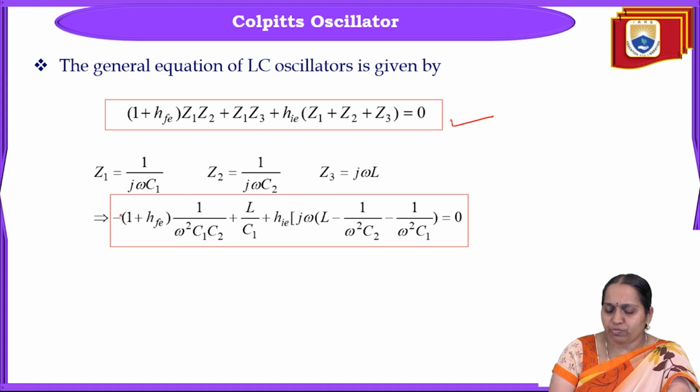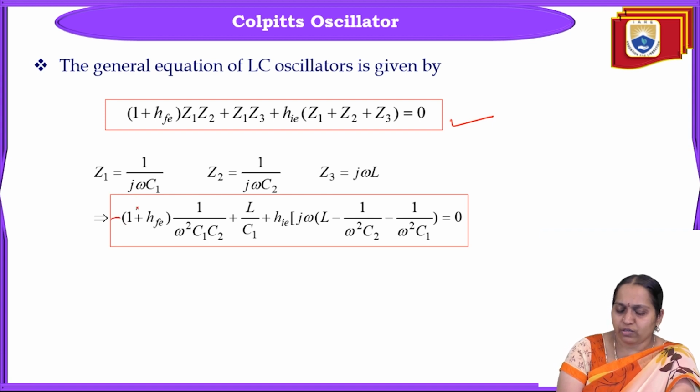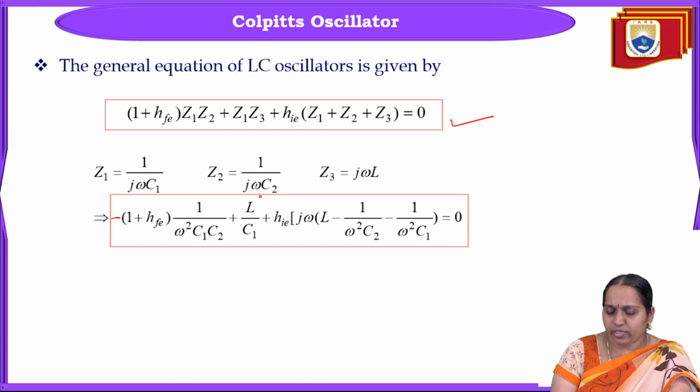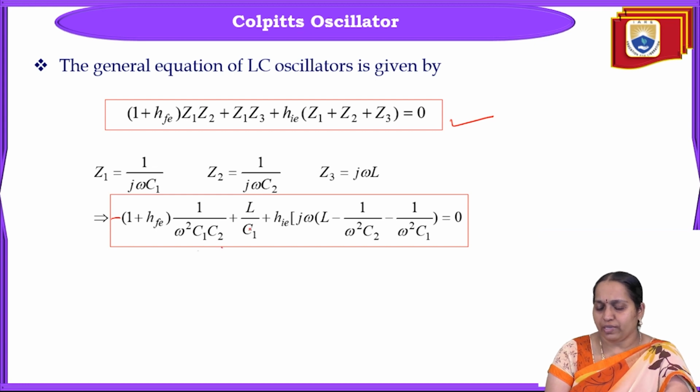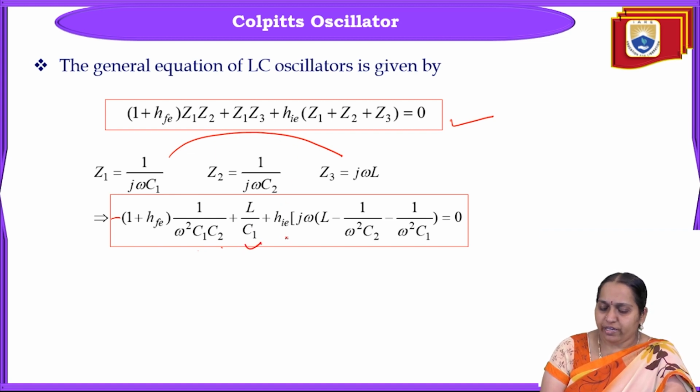Since j square is minus 1, here you have minus, omega square C1 C2, plus Z1 Z3, j omega L into 1 by j omega C1. So j omega gets cancelled, you will have L by C1.